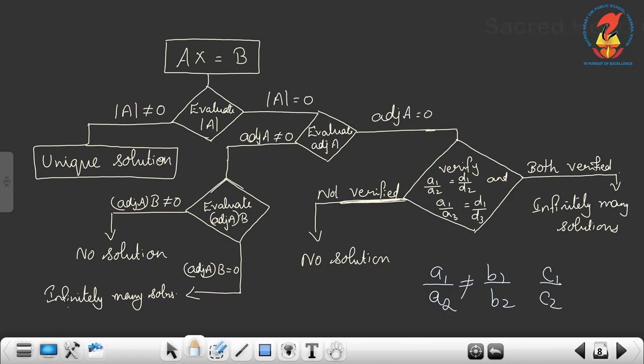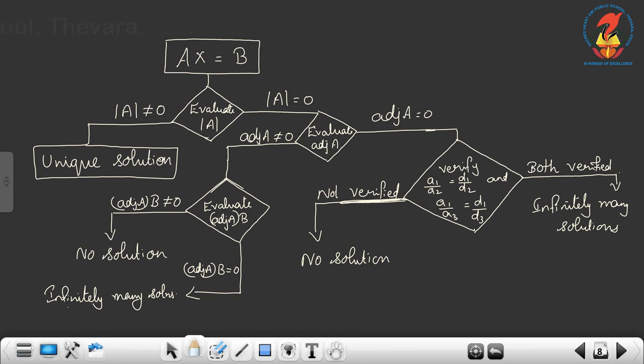If the first two are not equal, then you can conclude unique solution, that is lines will intersect. If all these are equal, then there are infinitely many solutions or lines coincide. If the first two are equal but the last one not equal, then lines are parallel, that means no solution. Here also there are 3 cases.